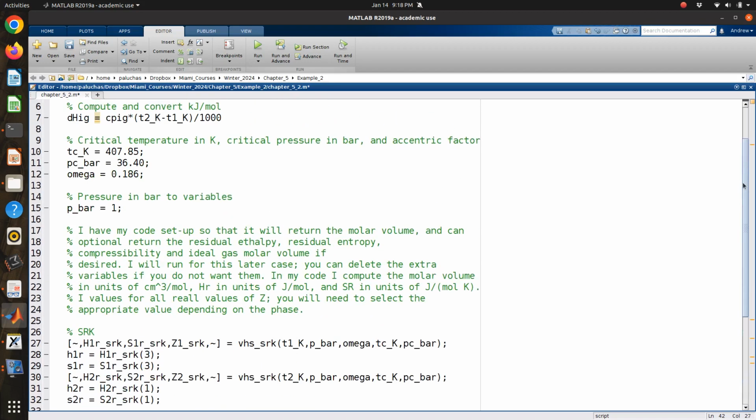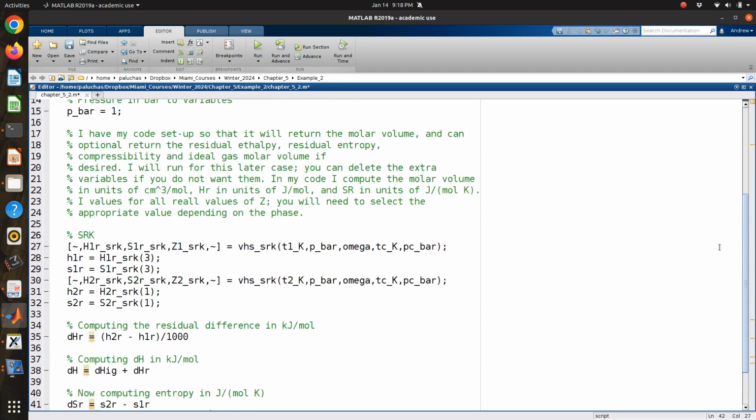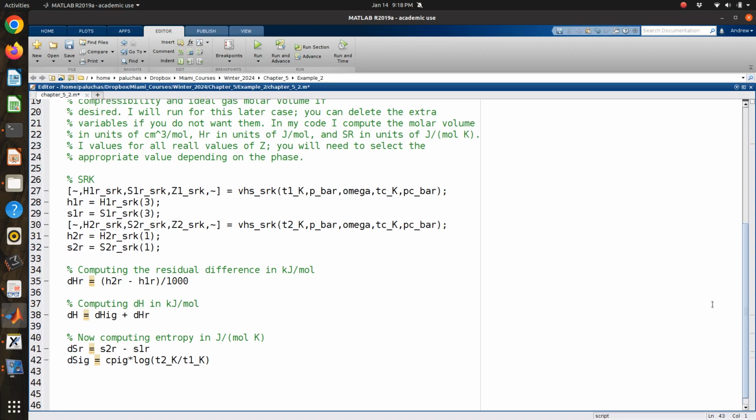Making sure I gave them the right names. Yep. And so then ds is equal to ds ideal gas plus ds residual. Okay, so I've got that.